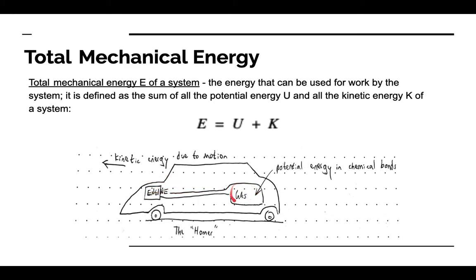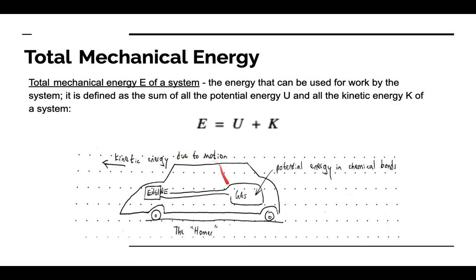Specifically, what happens is the potential energy in chemical bonds is converted to kinetic energy by the engine. The engine does work that converts the potential energy in chemical bonds to kinetic energy, which allows our car to move. Hence the idea of total mechanical energy.